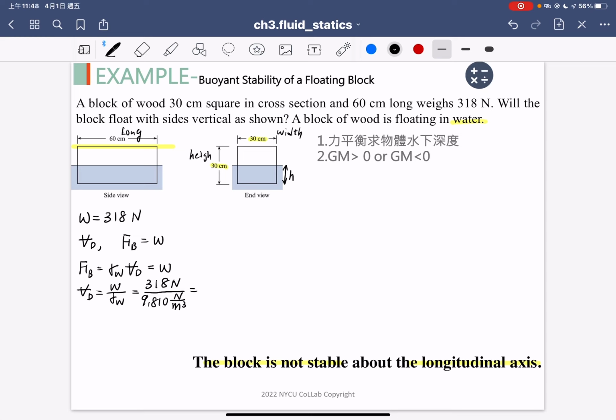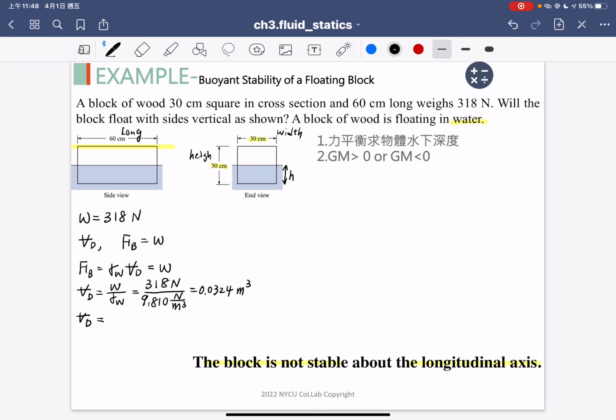So we can compute the volume very easily. It's equal to 0.0324 cubic meters. And then how can we compute the displaced volume?